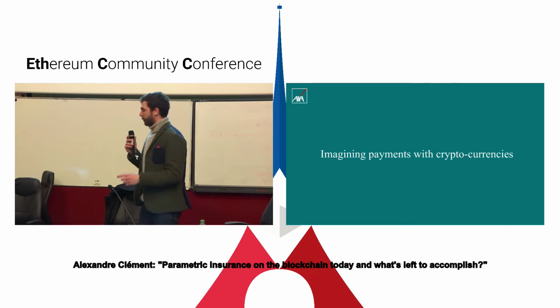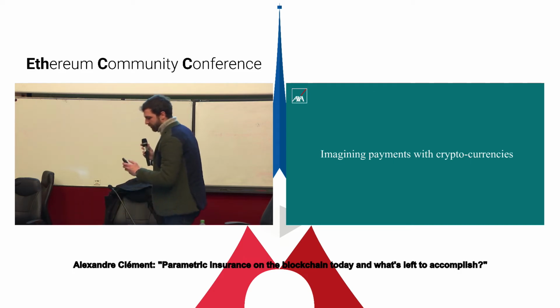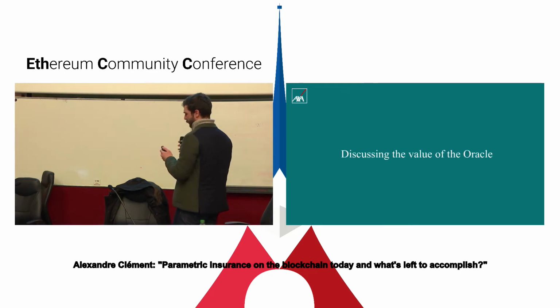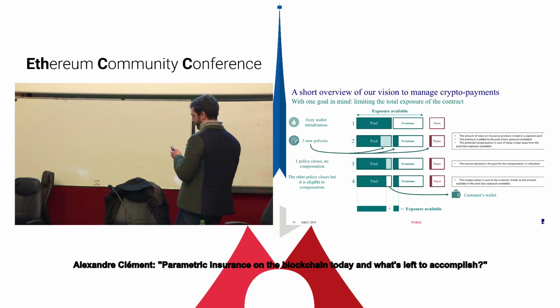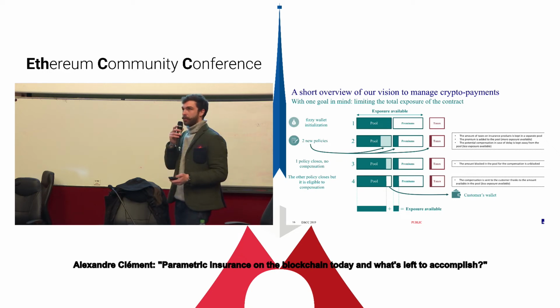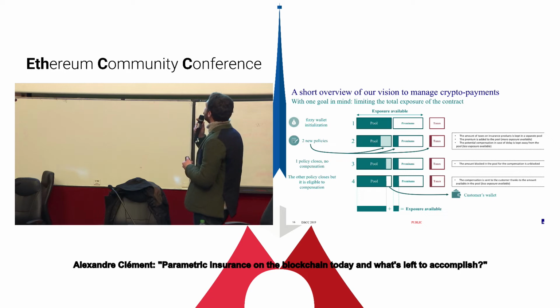If someone buys a policy, the pool will decrease by the amount of the compensation we will offer in that case, and the premiums will be stored in another wallet.